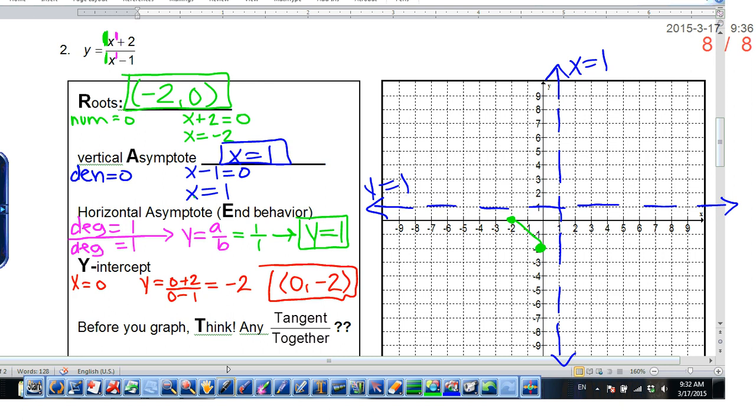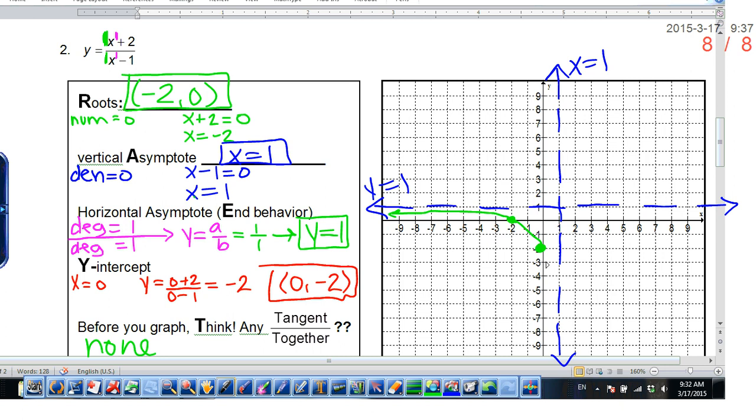Now, we kind of got to decide where else to go. That's when we think about the T's. Are there any squared factors here? No. There's no squared factors. So that means I cannot bounce down from my root. I have to go through my root and towards my asymptote, because you only bounce off or become tangent when you've got a squared factor in the numerator.